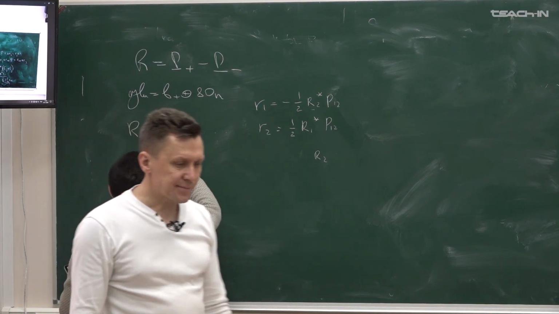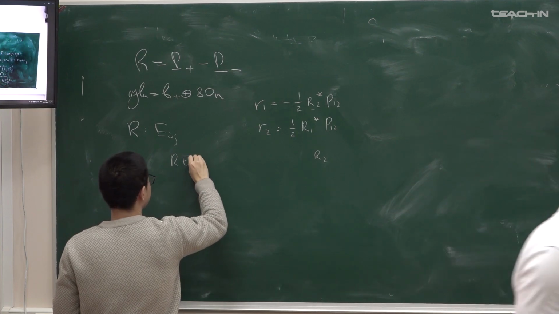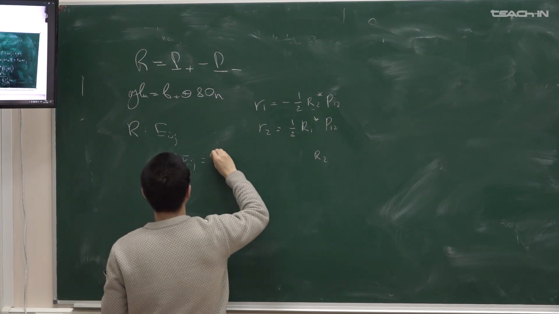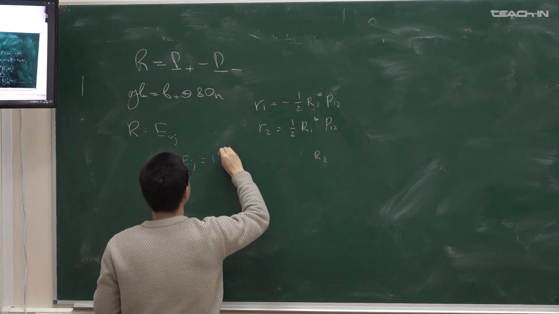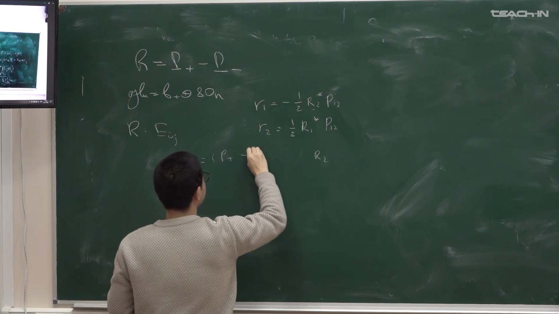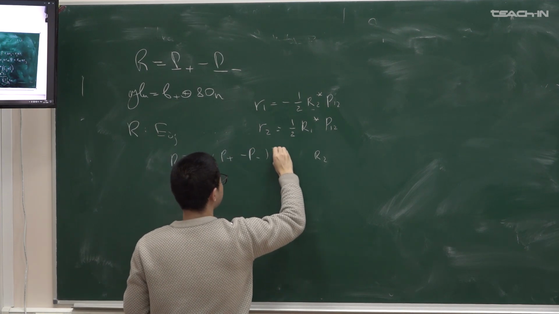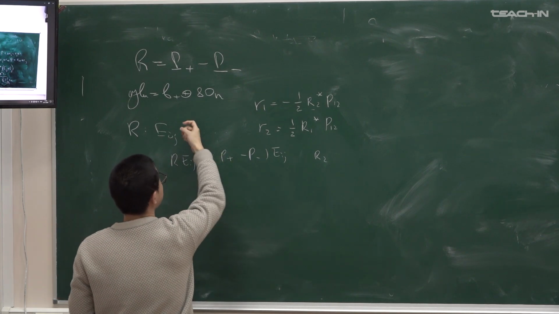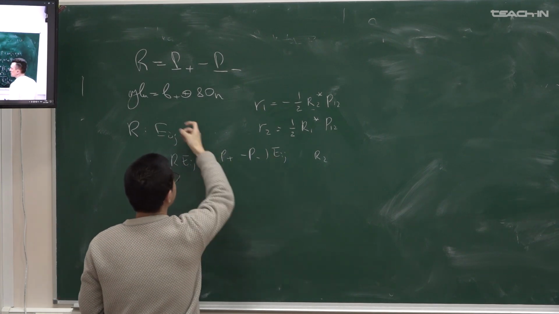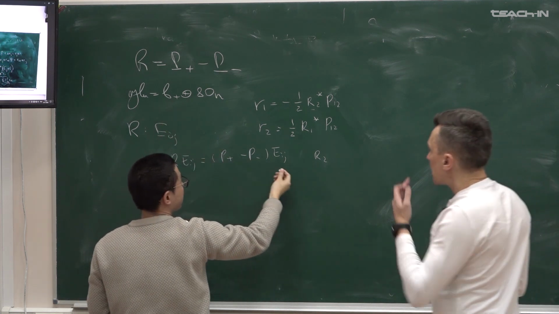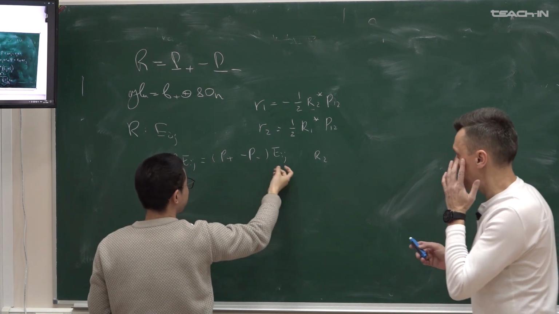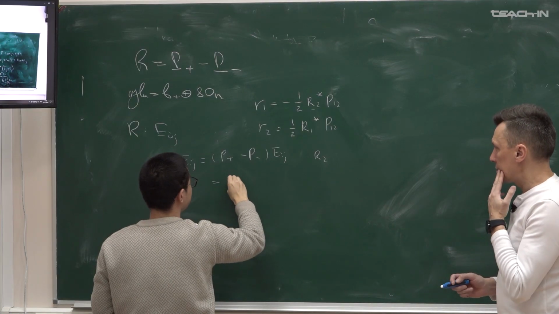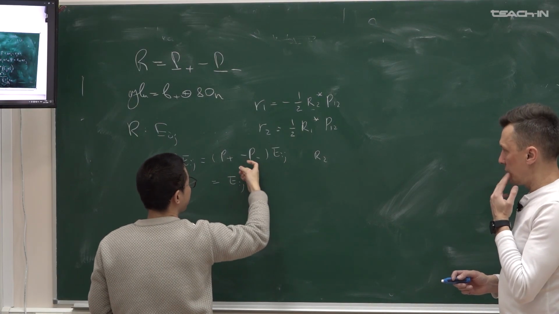So R, let's say, P plus minus P minus Eij. P plus sends Eij to Eij itself if I is greater than j.